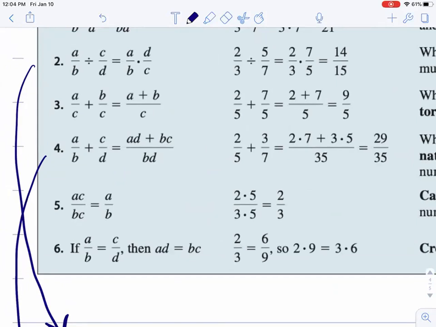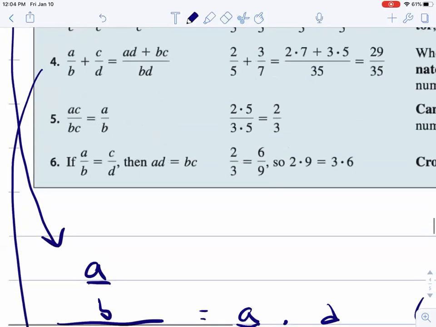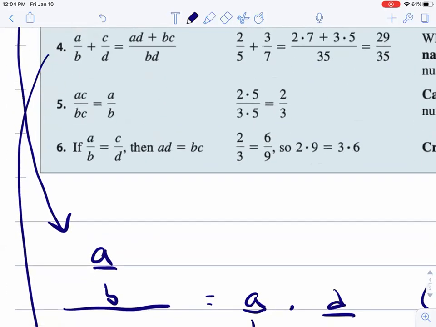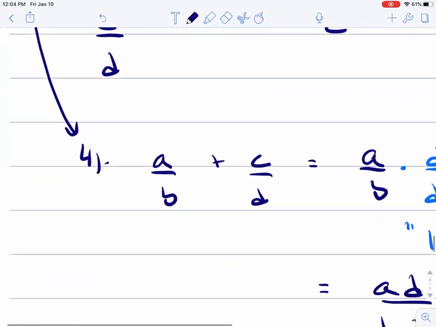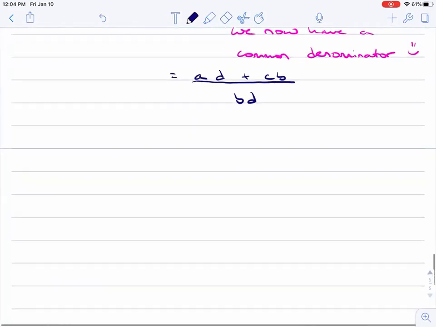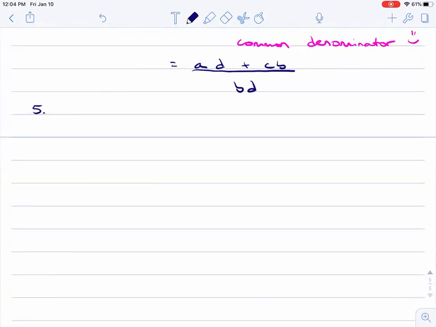If you've got something like this, I guess I should scroll up. AC over BC, you're allowed to cancel these C's because you're multiplying, right? If you're adding, so if you've got A plus C over B plus C, you cannot cancel those. You're only allowed to cancel if you're multiplying. Number 5.